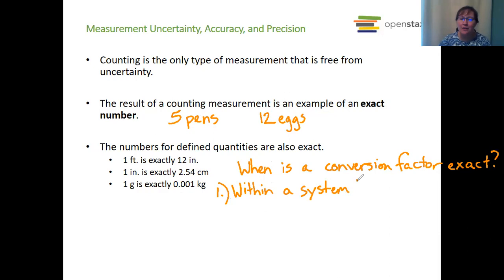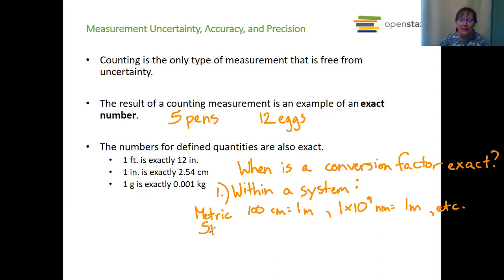So if you're talking about the metric system, for example, 100 centimeters in a meter, 1 times 10 to the 9th nanometers in a meter, etc. So within the metric system, these are exact.